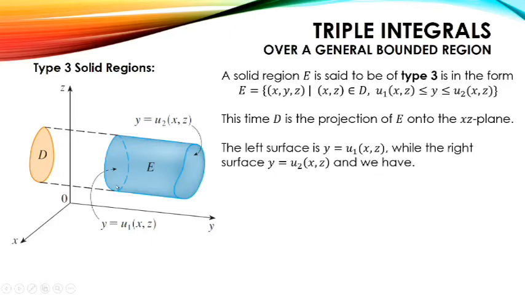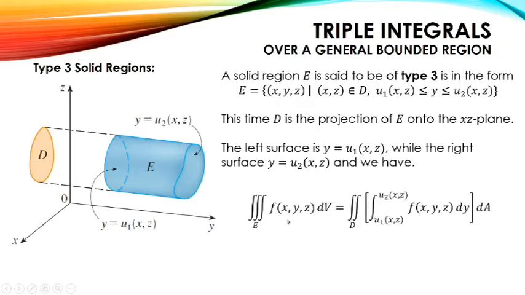So y is equal to u sub 2 of xz, and y is equal to u sub 1 of xz. So yung triple integral would be evaluated where your innermost integral would be the integral of f of xyz dy, where y is from u sub 1 up to u sub 2, and the area is the area of the projection D onto the xz plane.